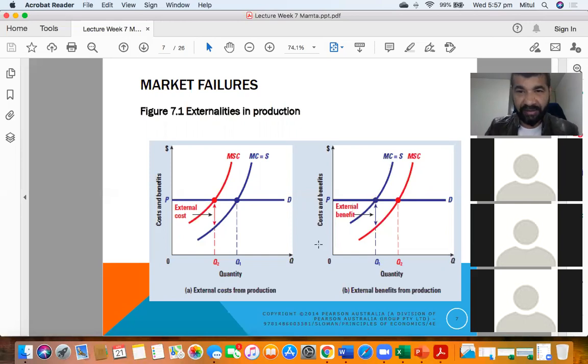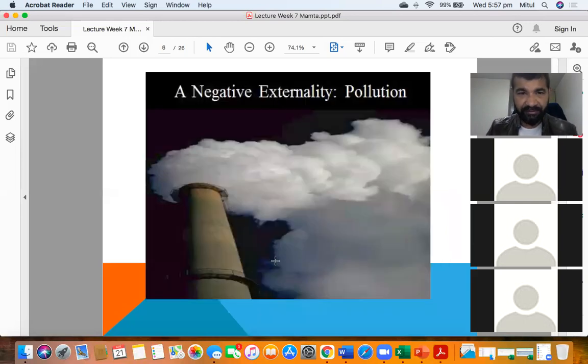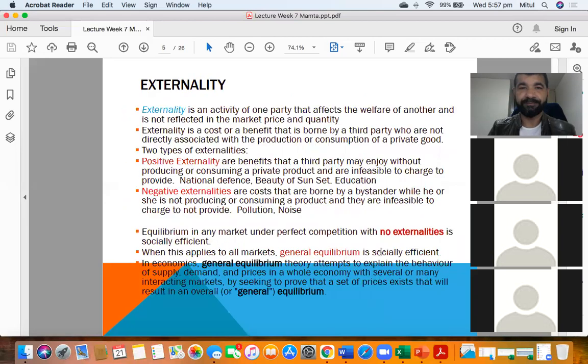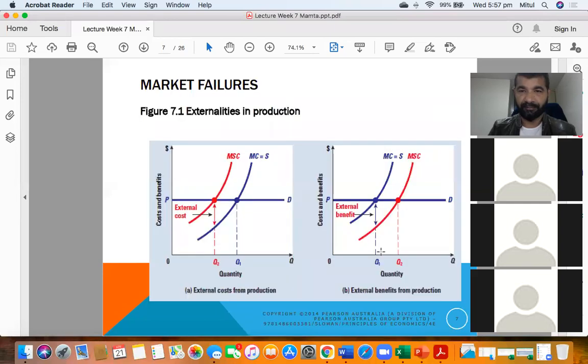You said it in the previous slides, remember? If marginal social benefit is greater than social cost, you produce more or consume more. That's what we mean here. Since this is a good thing, we want to produce it more and we want to consume it more too.